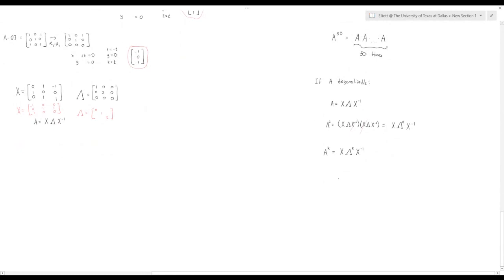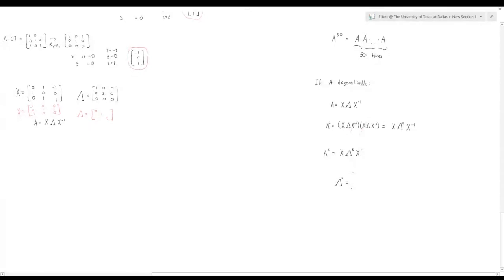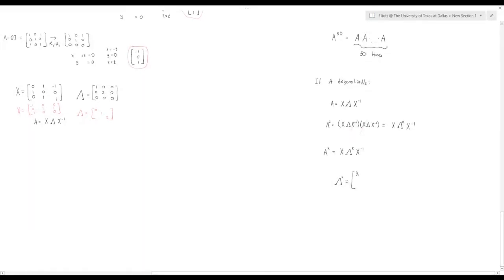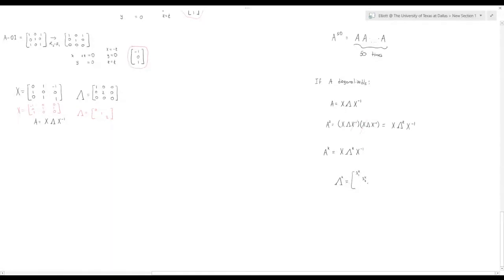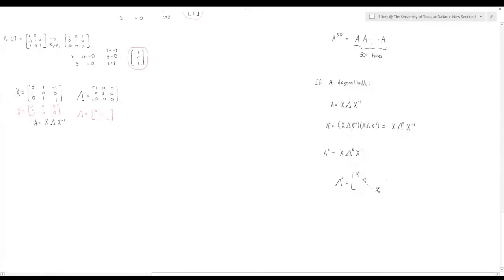And for diagonal matrices, when you raise them to a power and you do the actual matrix multiplication, it turns out that it's equivalent to just raising each of the diagonal entries to that power.